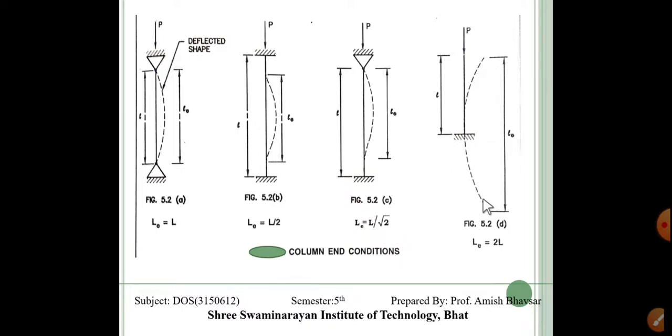And this is a cantilever column, so LE is equal to 2L. The buckling of this column is something like this. From this we get the effective length, which is very useful for designing a long column that fails due to buckling, so it is very important.